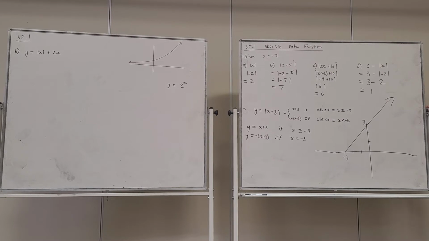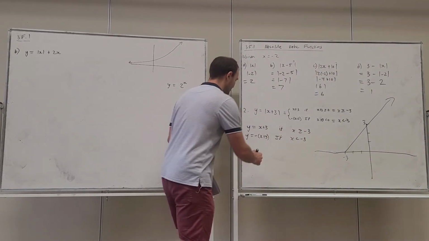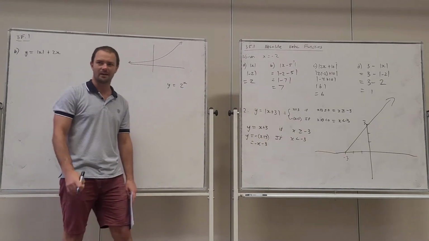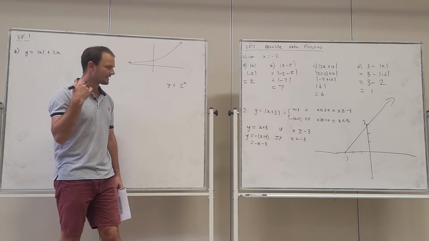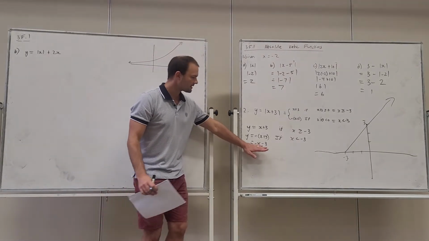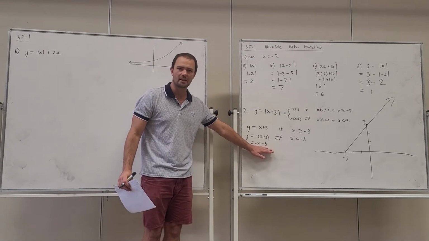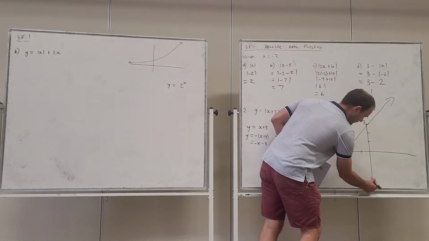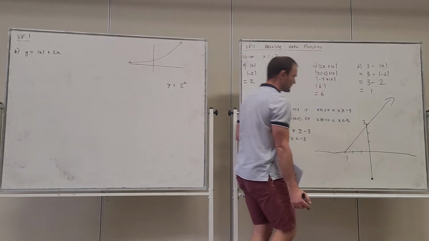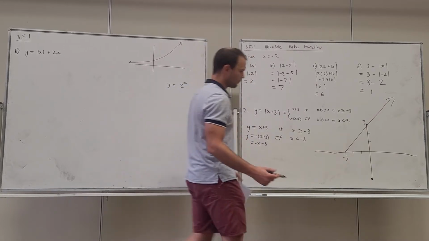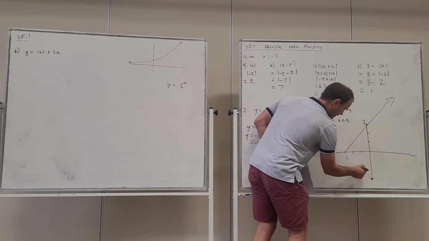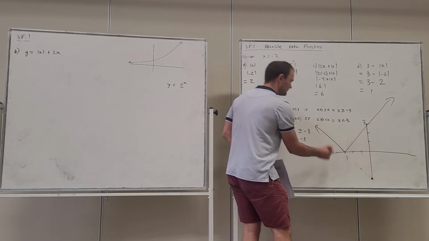But then for values less than negative 3, the equation of the line becomes minus x take 3, doesn't it? If we expand that, that's what it becomes. Minus x take 3. And so this line here has a y-intercept of negative 3. So I'm going to plot it there, but we won't draw it. And a slope of negative 1, which means I'm going to just draw the slope of negative 1, so it's going to be going through that one. It's this line here.